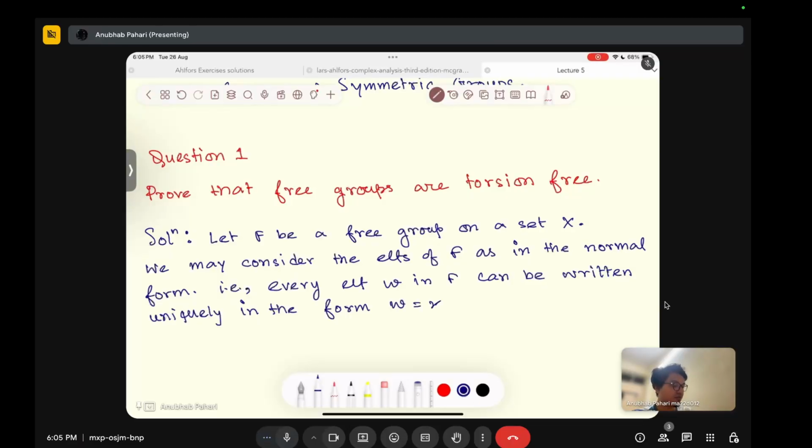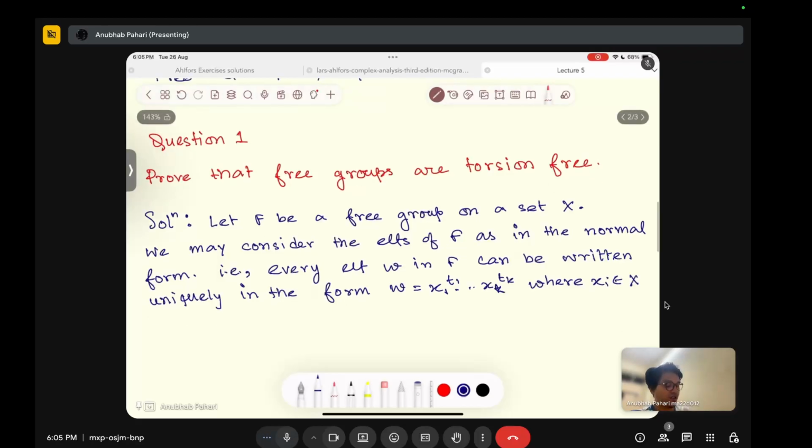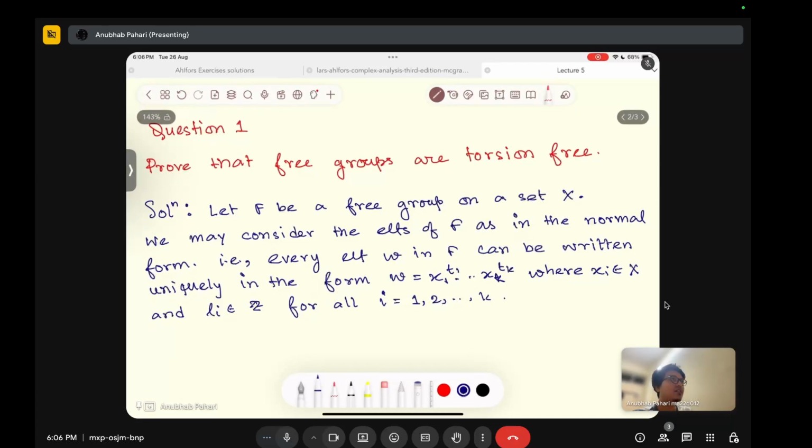w equals x1 to the power t1 up to xk to the power tk, where xi belongs to X and ti belongs to Z for all i equals 1 to k.